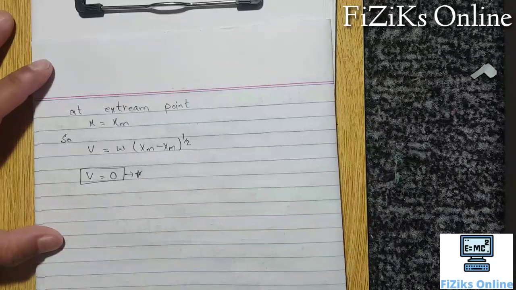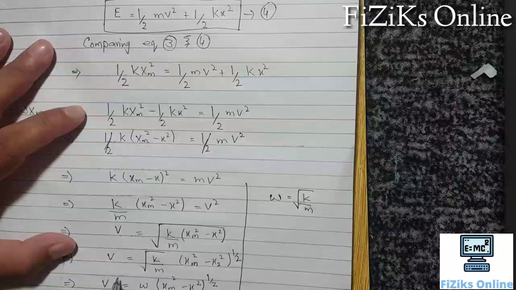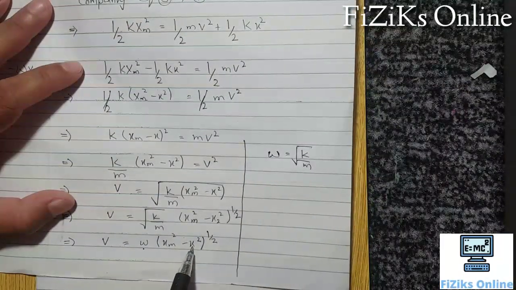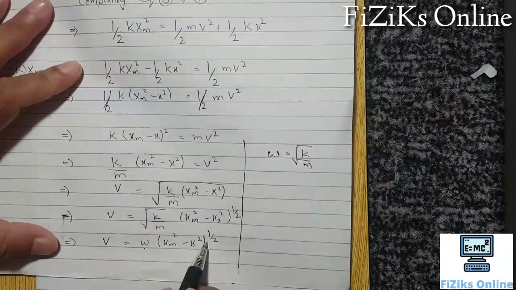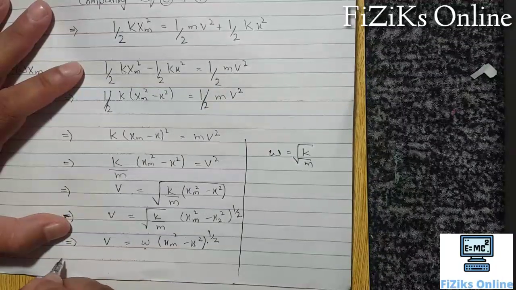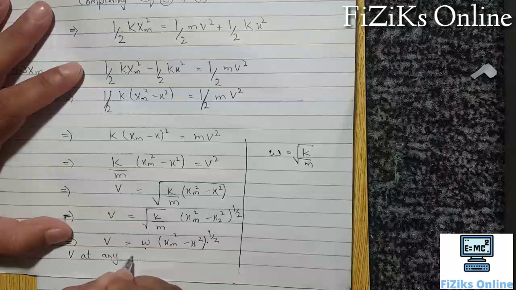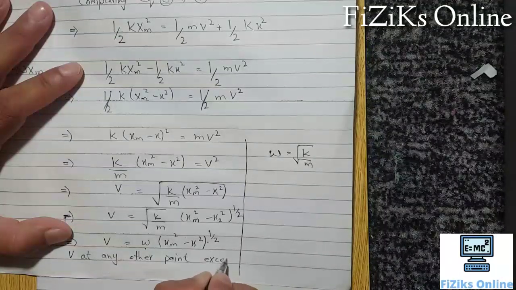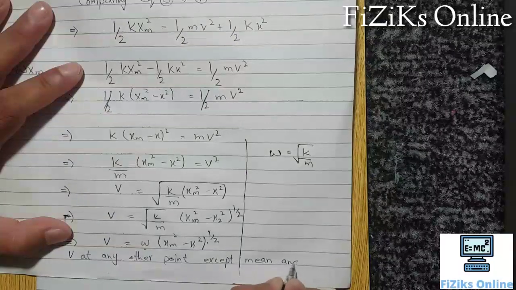At the extreme point v equals 0. v equals omega (xm square minus x square) to the power 1/2. This is the velocity v at any other point except the mean and extreme points.